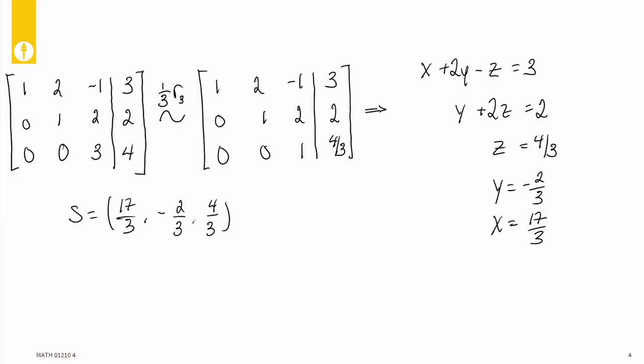Writing as an ordered triple, that's your solution. That's Gaussian elimination. What is the S?